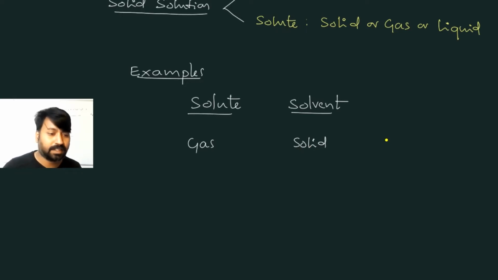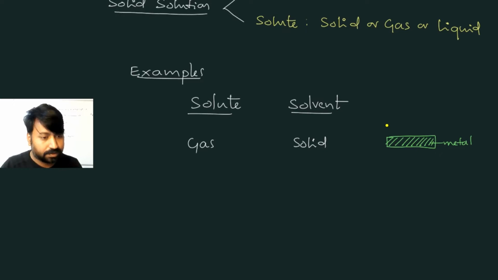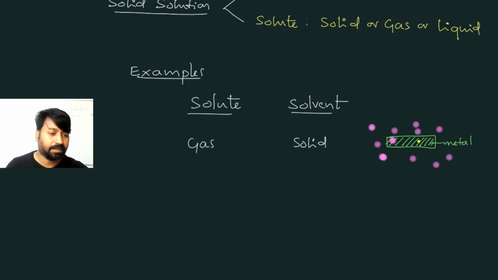One example is there. Assume that I have some kind of metal here. Now if you take hydrogen gas, the hydrogen gas accumulates around the metal, and it is present above the surface and also immersed.